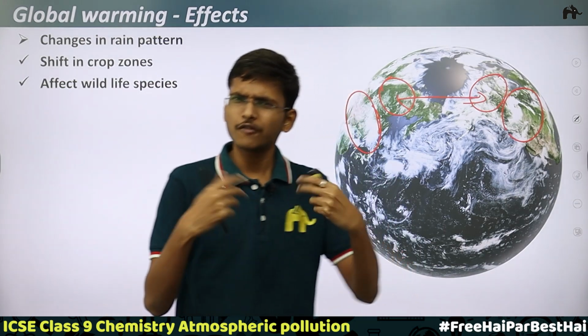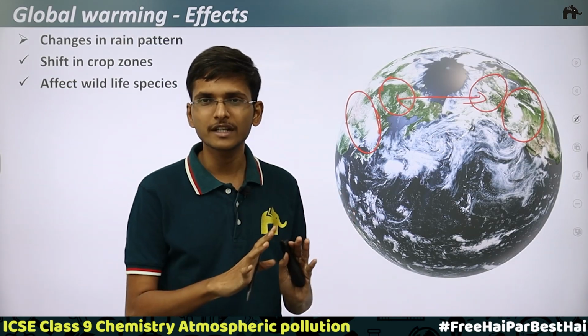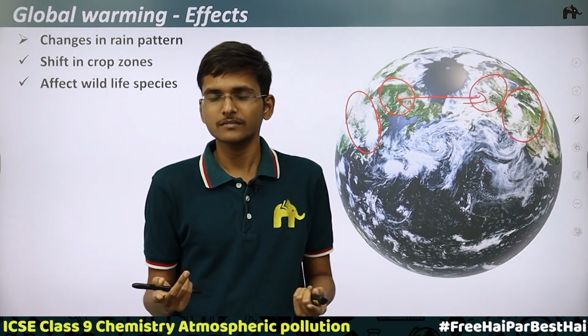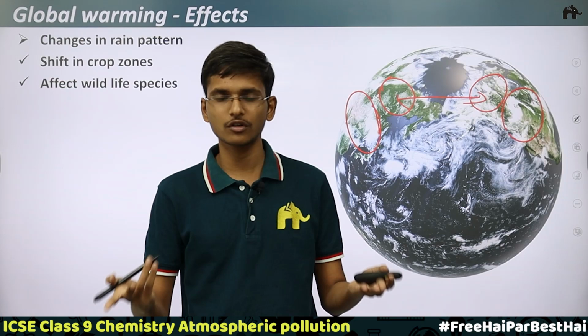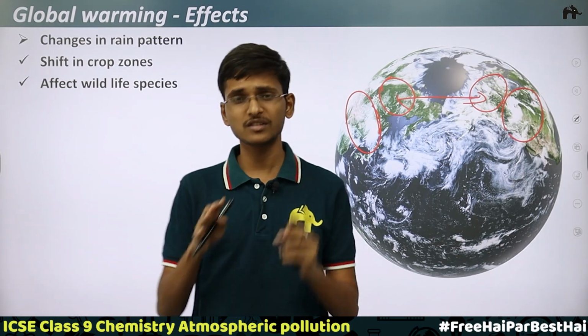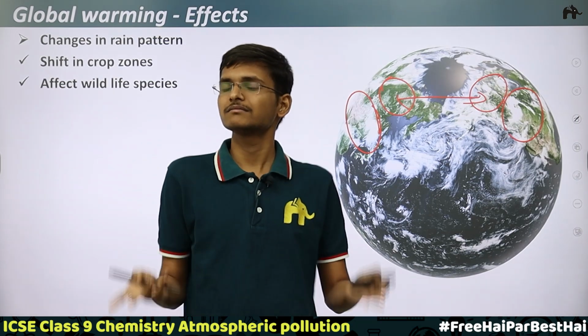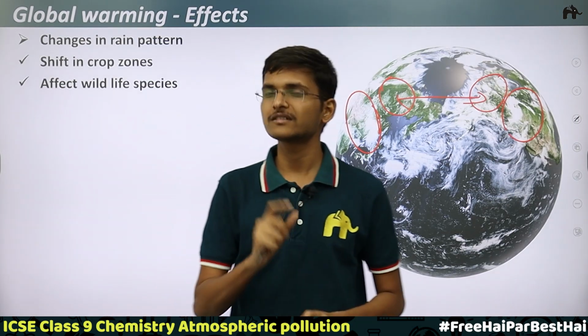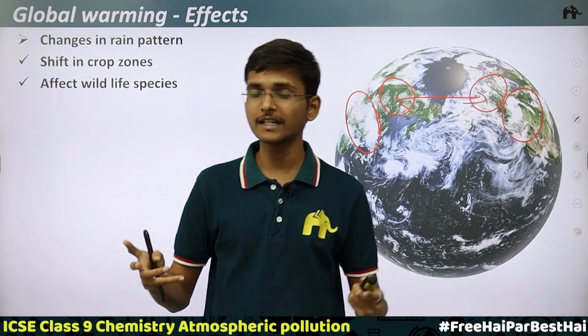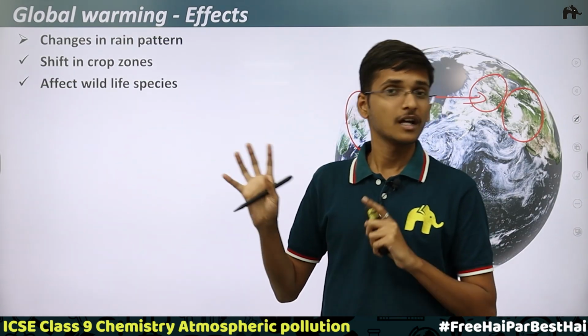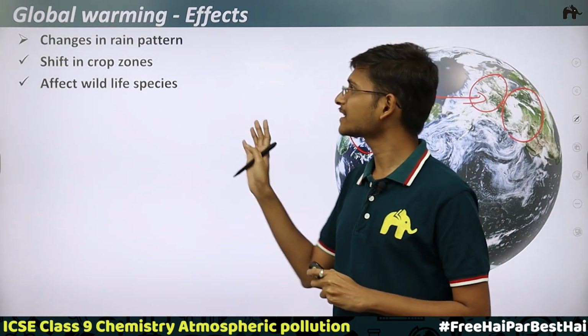So if the forest and vegetation won't exist in that area because of the change in rain pattern, then the wildlife species in that region would be deprived of their habitat and they may die. Correct? So that's not a good thing which would happen. Correct? So these are the effects.